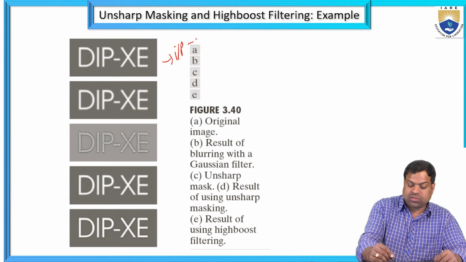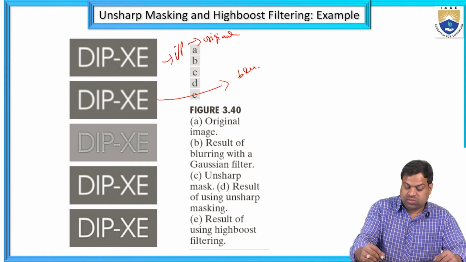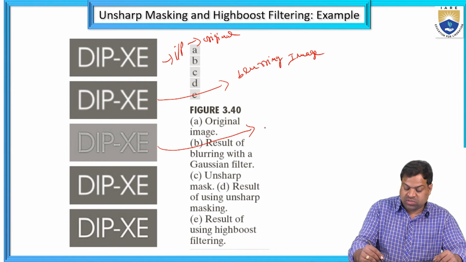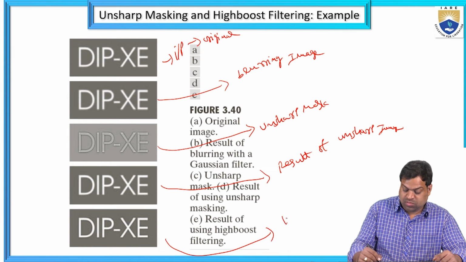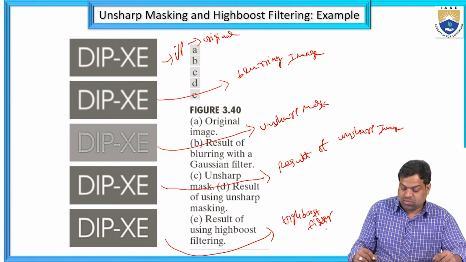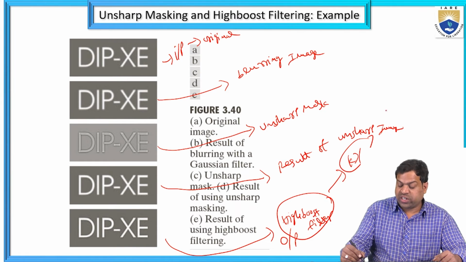The first one is the original input, the second is the blurred image, the third one is the unsharp mask, and the last one is the output image with a high boost filter. We call it high boost when k is greater than 1.